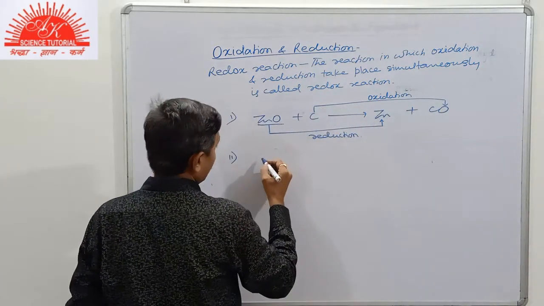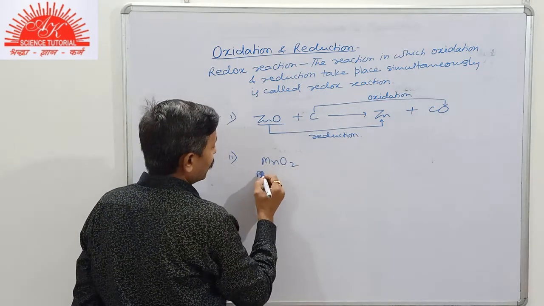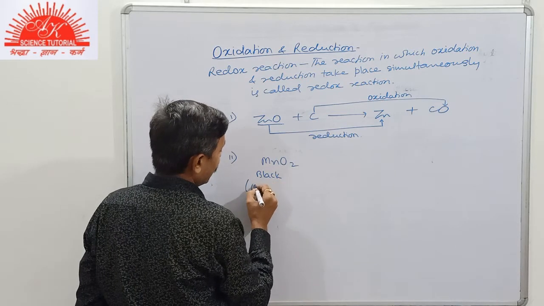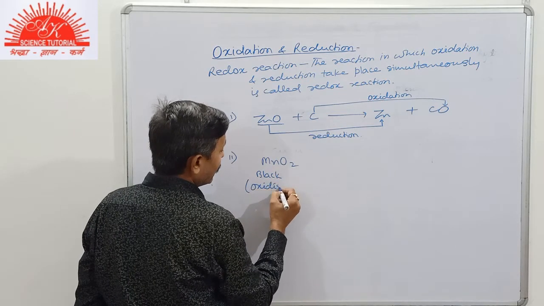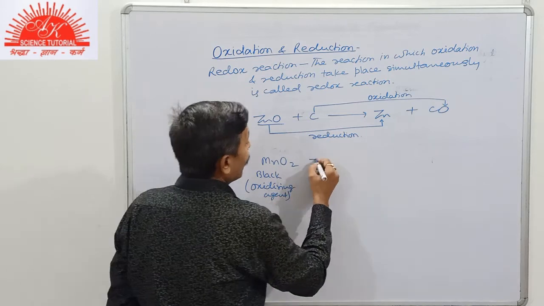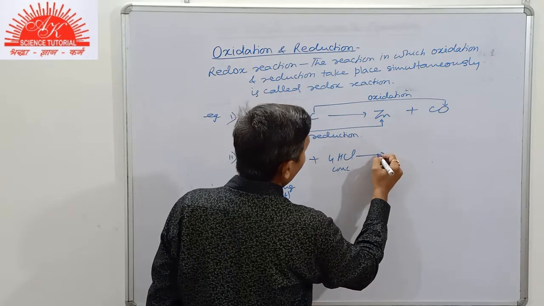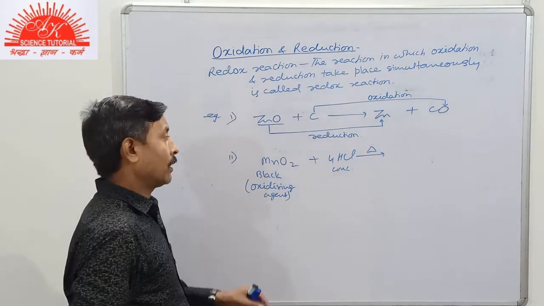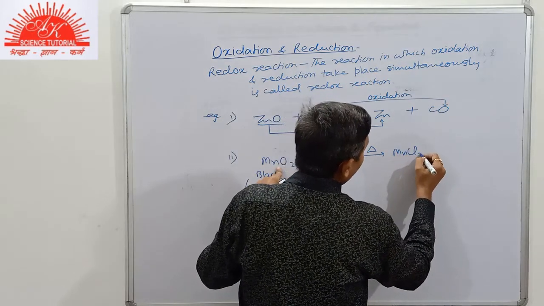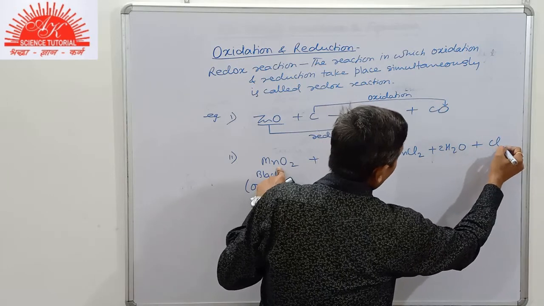Then the products are MnCl2 plus H2O plus Cl2.